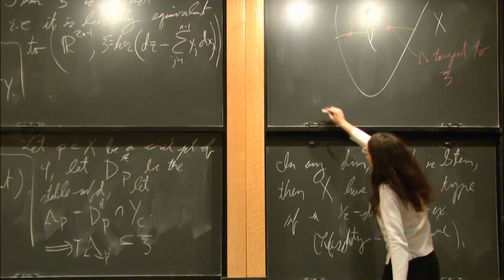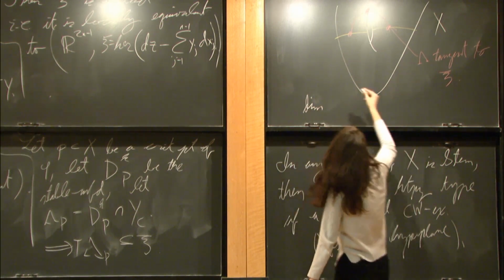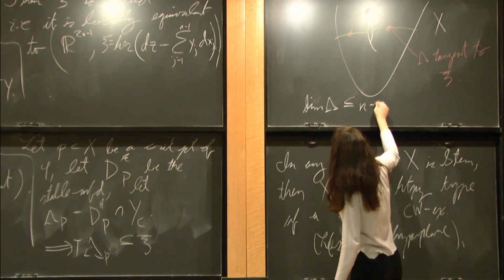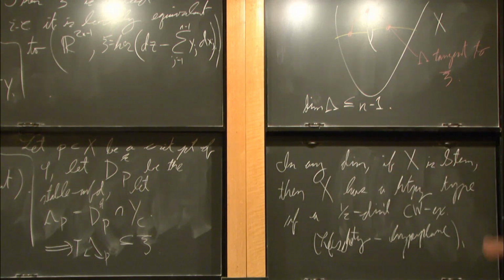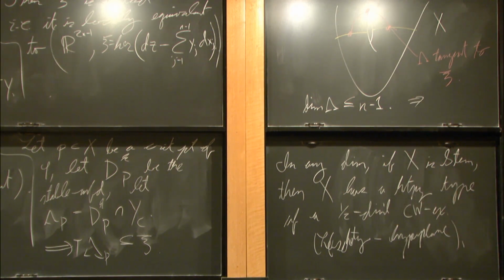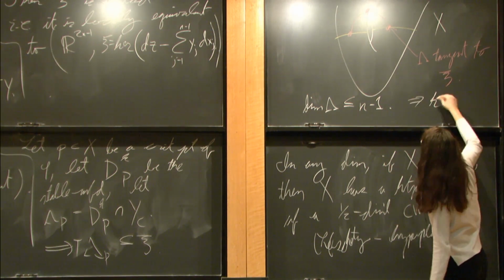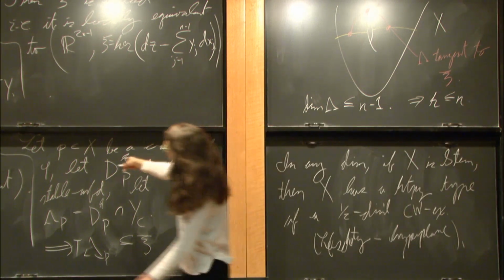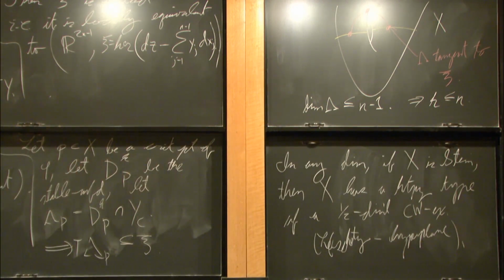So that implies that the dimension of lambda has to be no more than n minus 1, which then implies that this k is less than n, the dimension of the disk. And so this recovers the Lefschetz hyperplane picture, that everything is just a union of these disks.